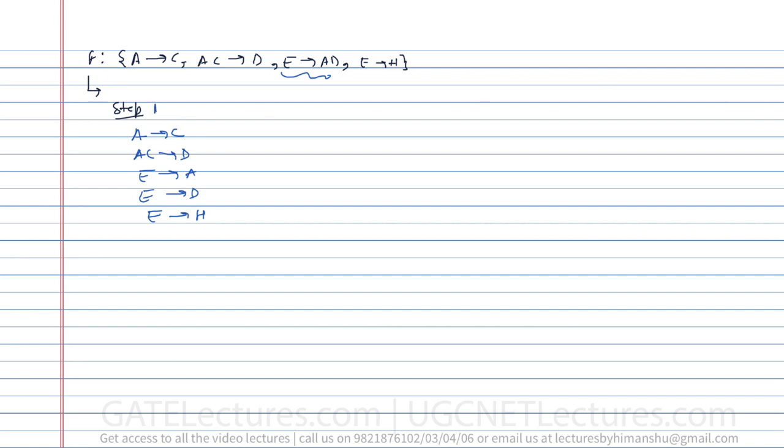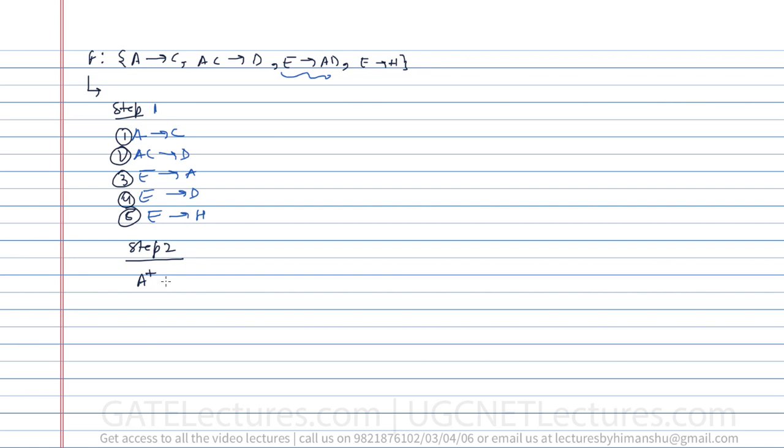Okay, after step 1, do step 2. Step 2 means try to see if there's any redundant attribute or any redundant functional dependencies. Let us number them: 1, 2, 3, 4 and 5. There's one more way of evaluating step 2.